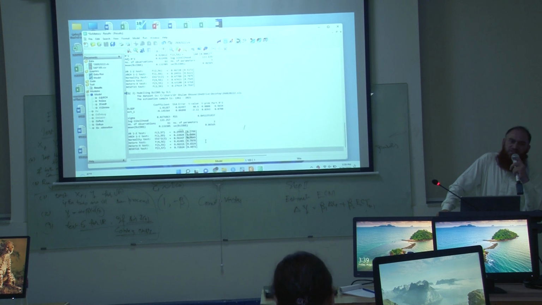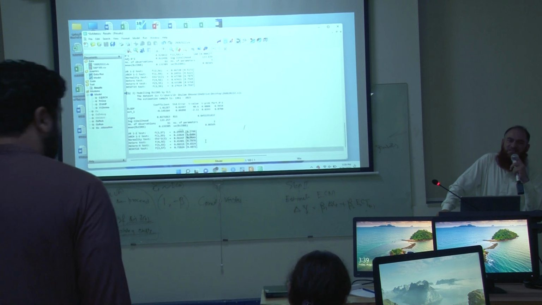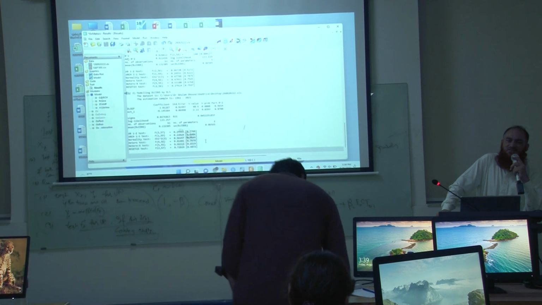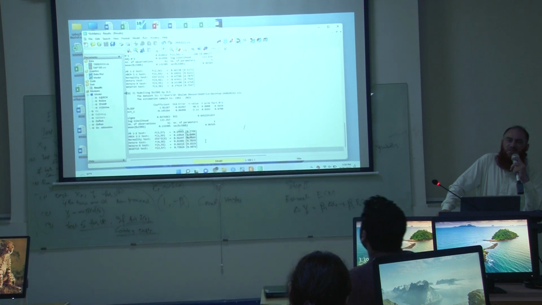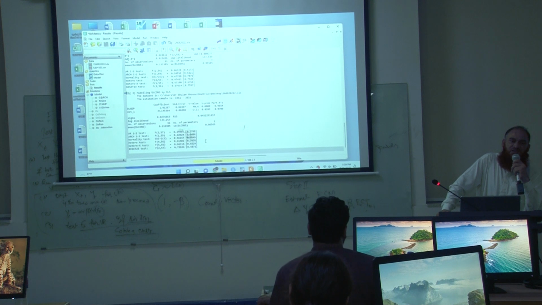So this coefficient should have a negative sign. If this is positive, then theoretically there is no chance of cointegration.